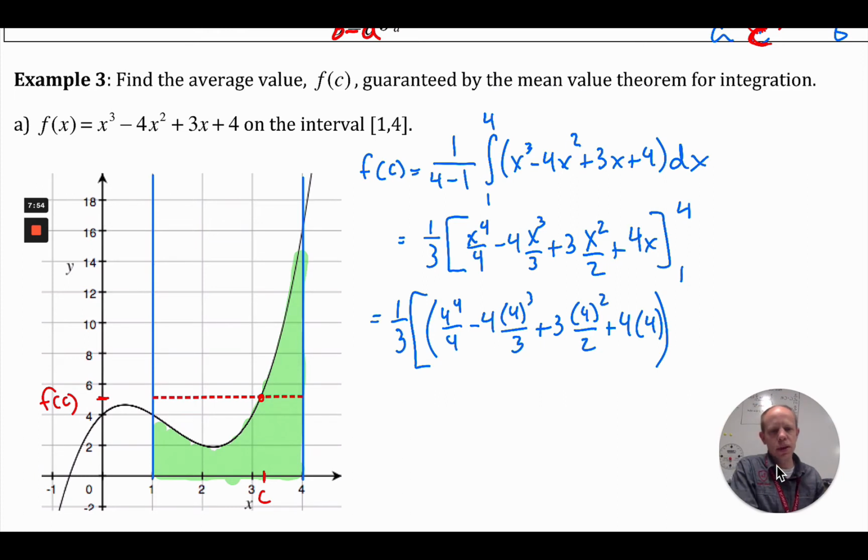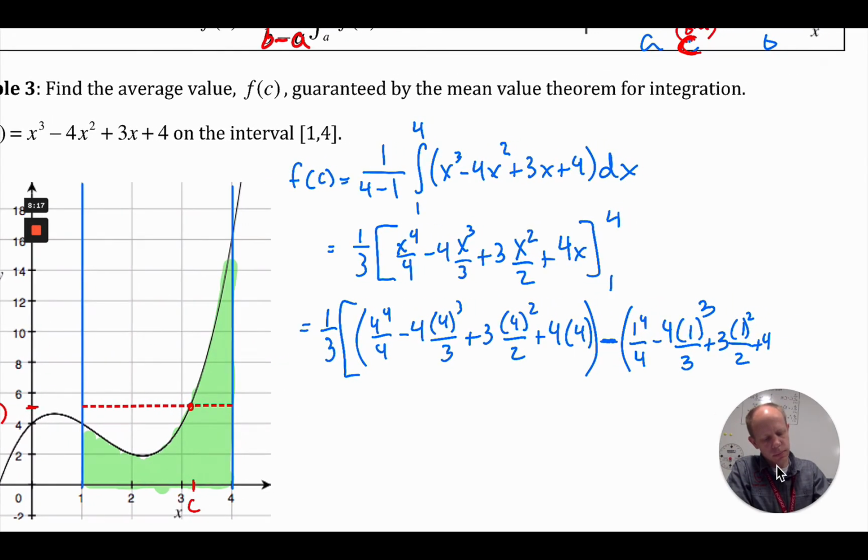So that's substituting in the 4. And now we want to substitute in the 1. So minus, or plug in the 1, it'll be 1 to the 4th over 4 minus 4 times 1 cubed over 3 plus 3 times 1 squared over 2, and then plus 4 times 1.